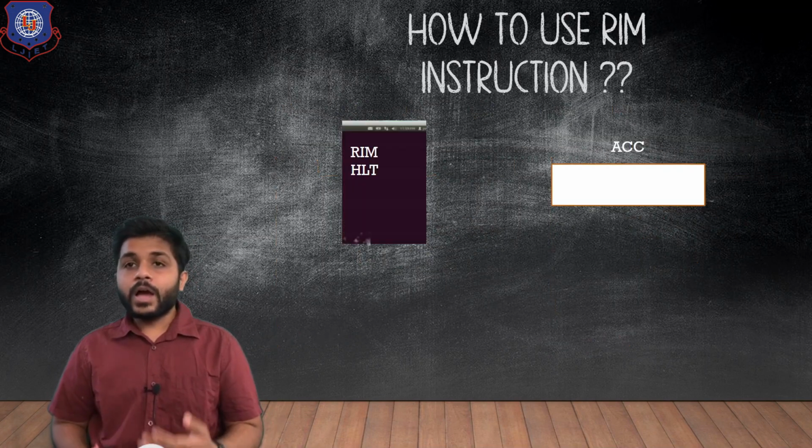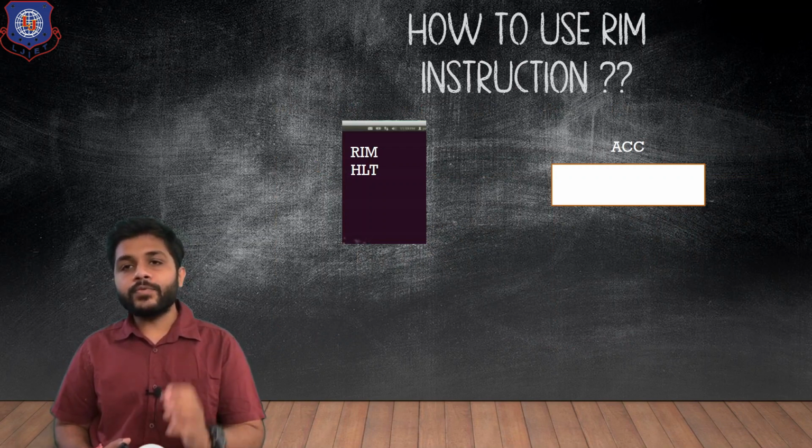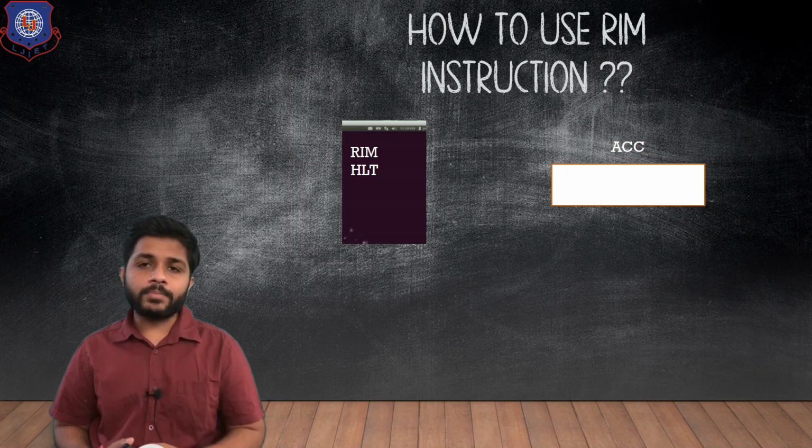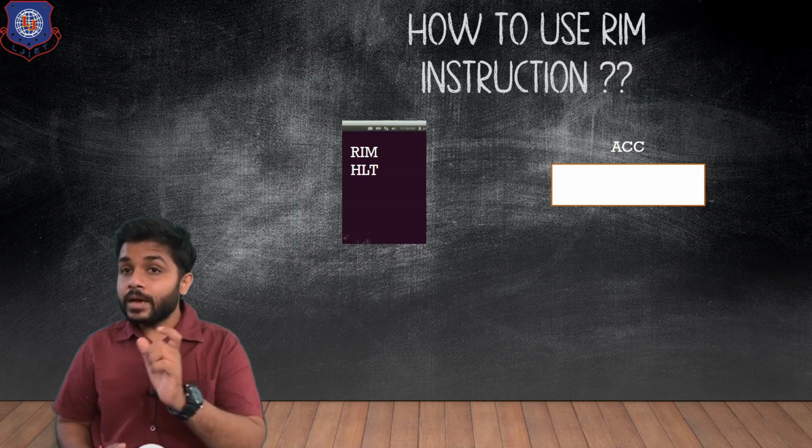Now let's see how to use the RIM instruction. In the assembler we have written a very small program: RIM and HLT. When we give the RIM instruction to the microprocessor, we get some data in the accumulator.